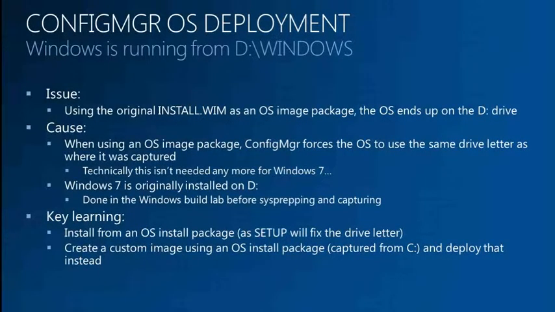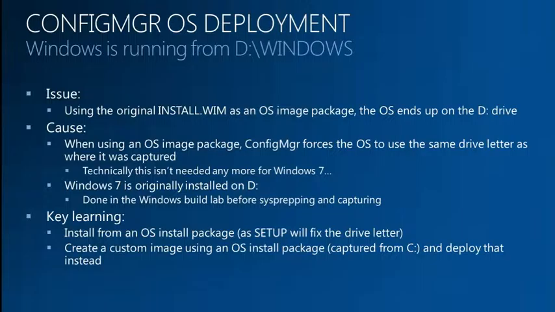Okay, so if you install Windows and you find it's running from D, that's because you took the WIM file and you just grabbed the WIM file only and imported it as an operating system. The WIM file that came from the media, install.wim. The reason it goes to D is because of the way Microsoft, when we created the media, we did the image capture on a machine that was on a D drive.